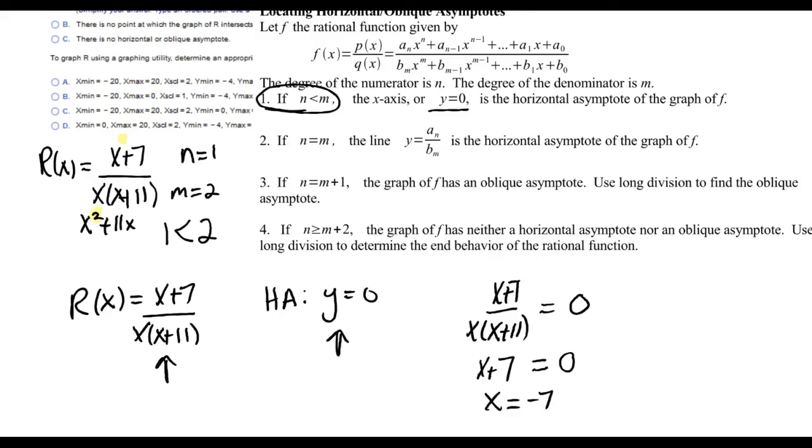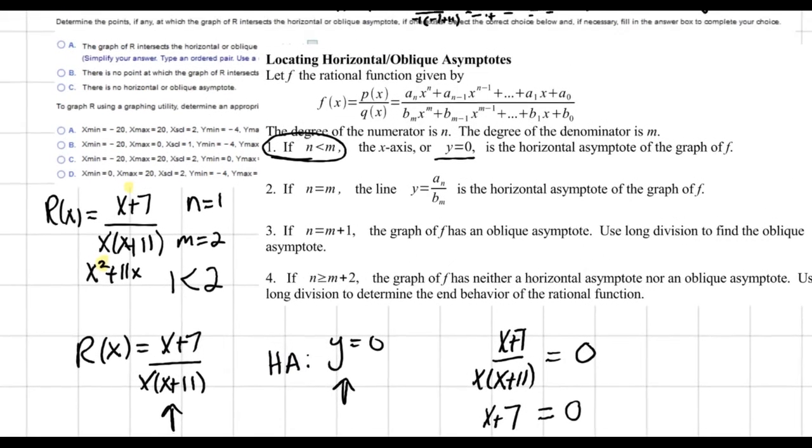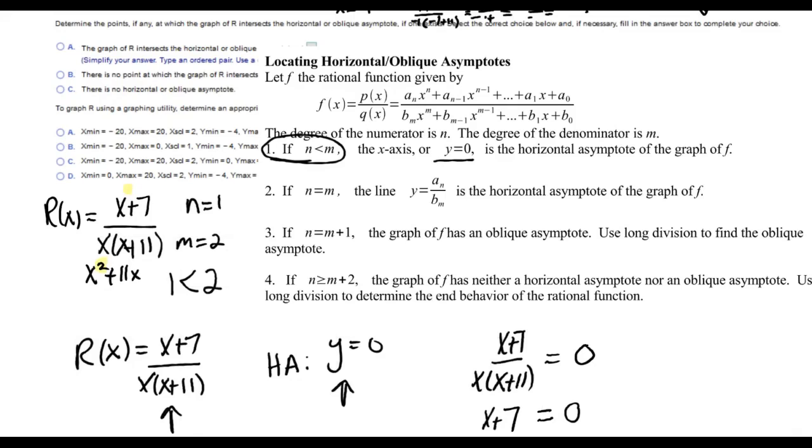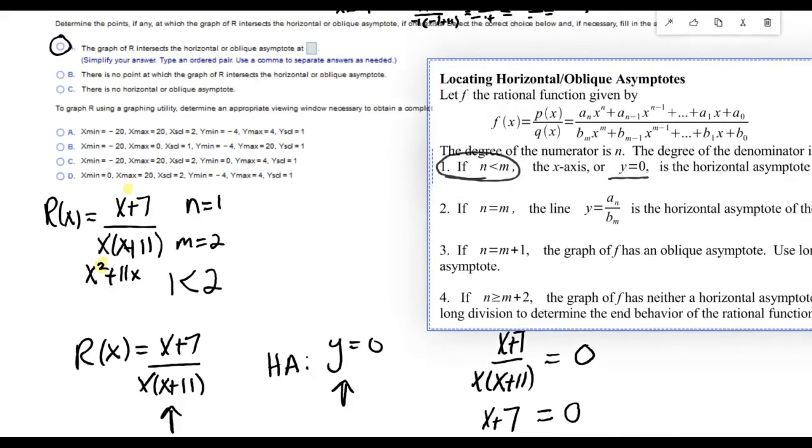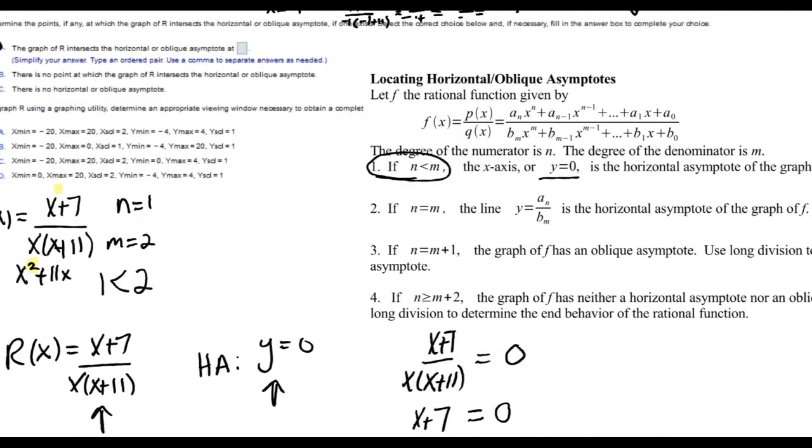So the graph is going to intersect the horizontal asymptote at x equals -7. So I would indicate here that the graph intersects the horizontal asymptote at x equals -7.